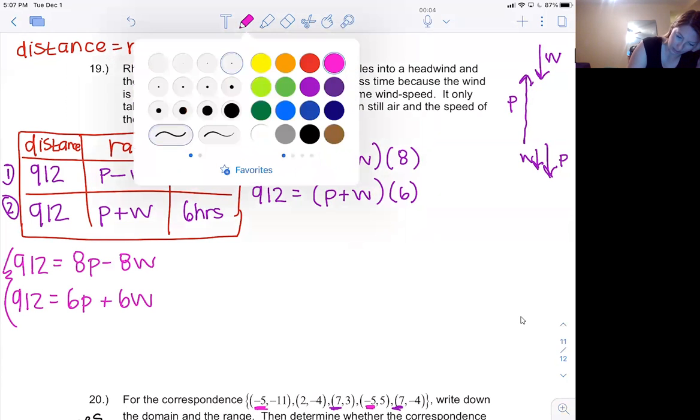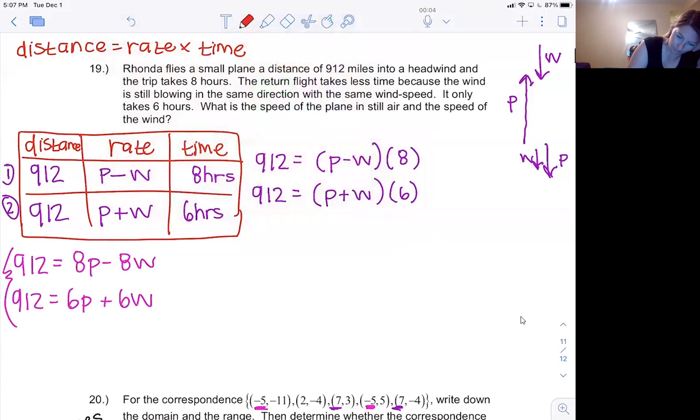Let's solve it using substitution again. So this one I'm going to rewrite. It doesn't matter which one you choose. I'm going to choose this one though. So I'm going to subtract the 6P over.